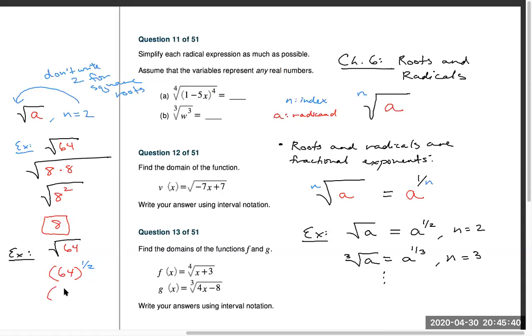Inside the parentheses, change 64 to 8 squared. That whole quantity is taken to the 1/2 power. And then remember your exponential rules from chapter 4. This is 8 to the power of 2 times 1/2. Okay, 2 times 1/2 is just 1, so we get 8 out still.